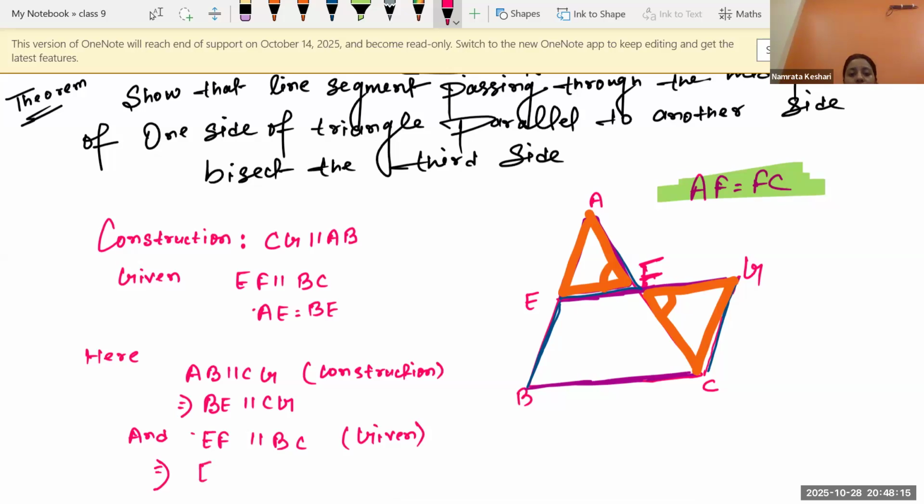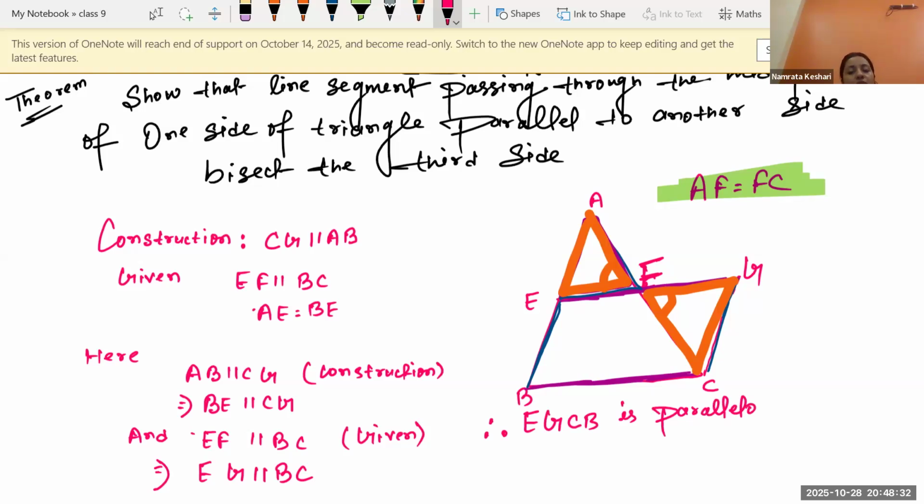That means EG and BC will be parallel. Therefore, EGCB is a parallelogram.